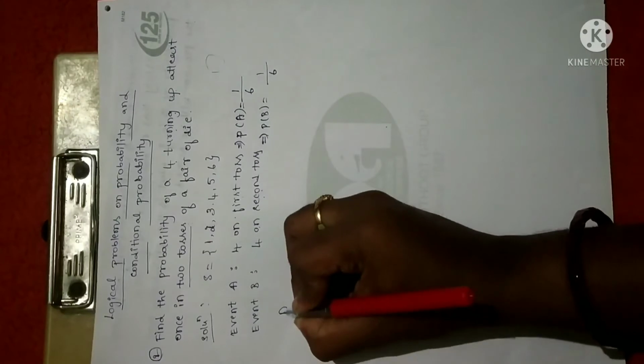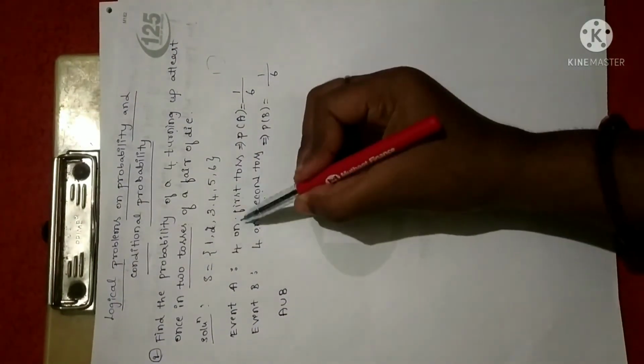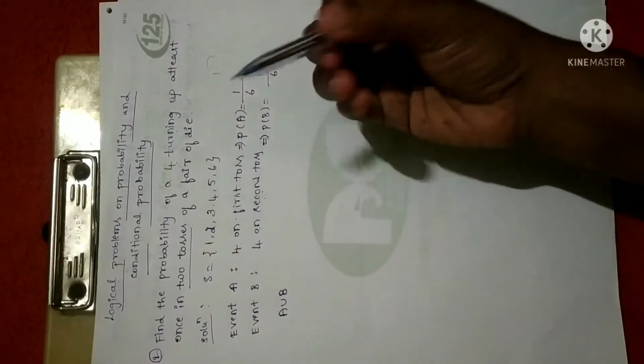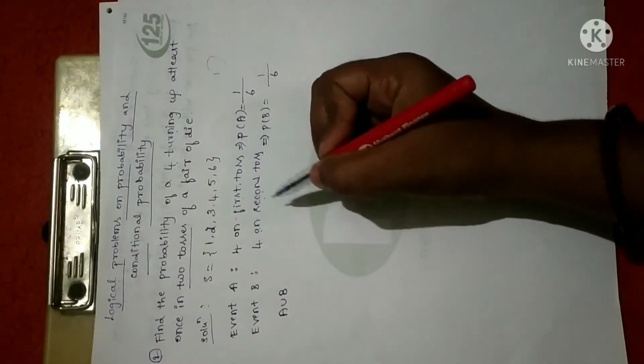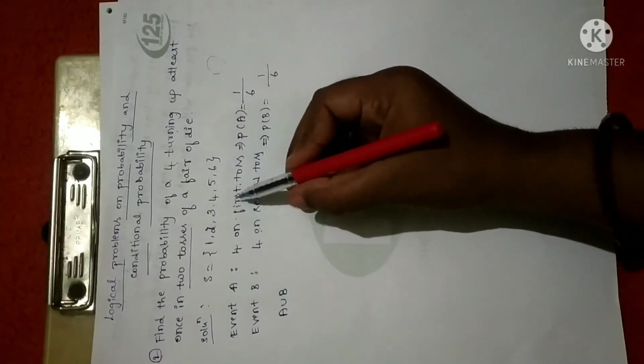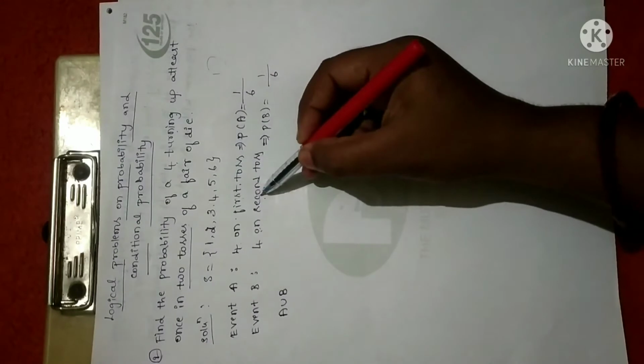Then A union B. In the sense, either you will get a 4 upside in the first toss, or else you will get a 4 upside in the second toss. So either you will get 4 in one toss, or you will get it in the second toss.